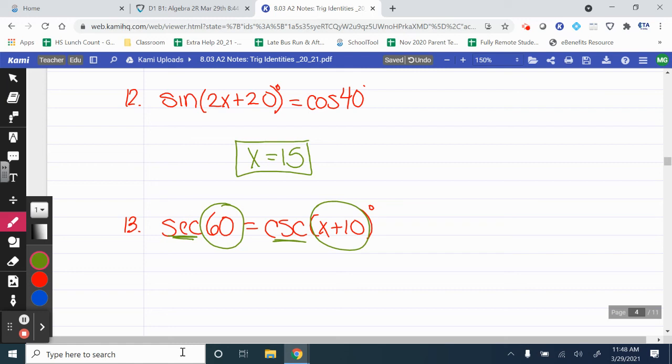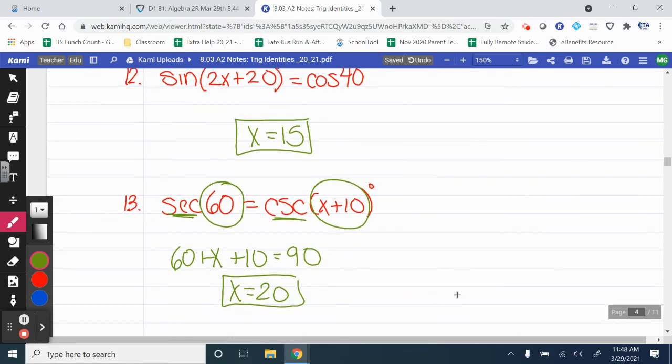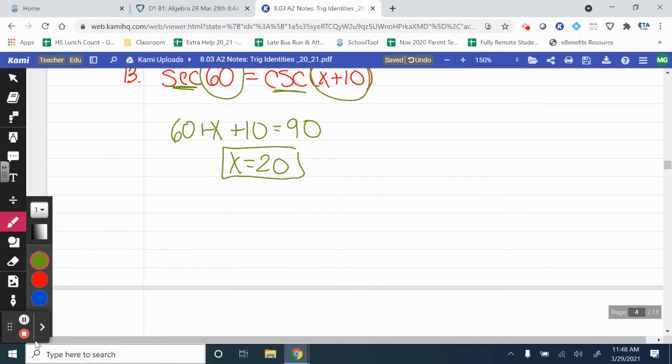Go ahead, do that right now, pause your video. So again, you'd have 60 plus x plus 10 equals 90. So then you should have had 70 plus x equals 90, and x equals 20.